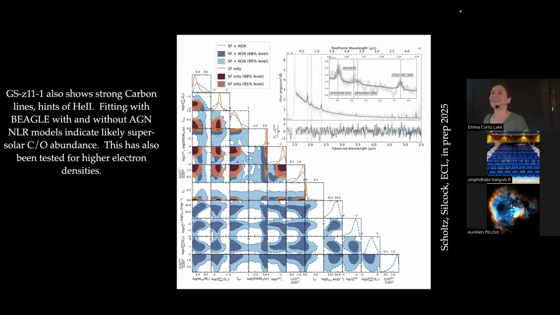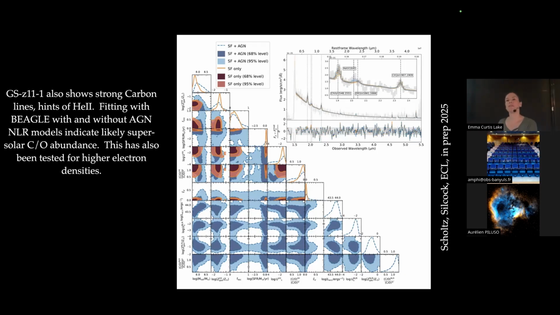And that's that Bayesian evidence that we can use to compare different models. But it does require an enhanced carbon to oxygen abundance, whether it's produced by the narrow-line region or the star-forming region, and whether we allow for higher densities.